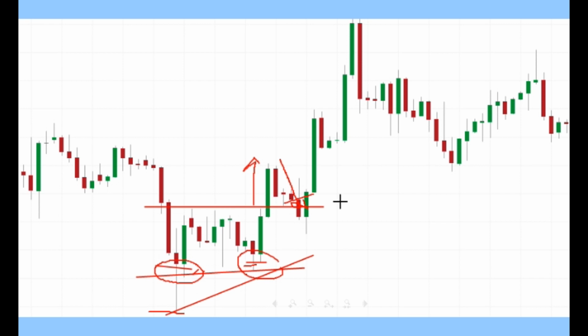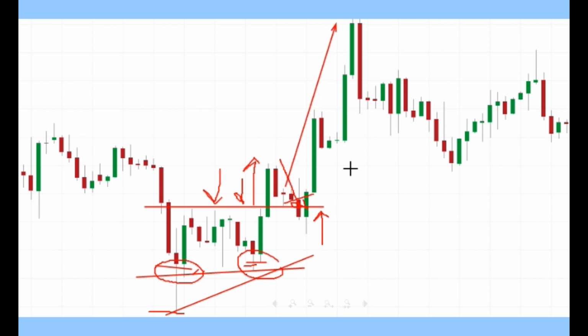The market came down and hit our confirmation level, which was previously our resistance zone. Now it became the support. So what happens from there? The market shot up all the way up here.